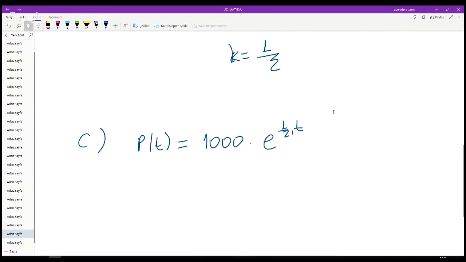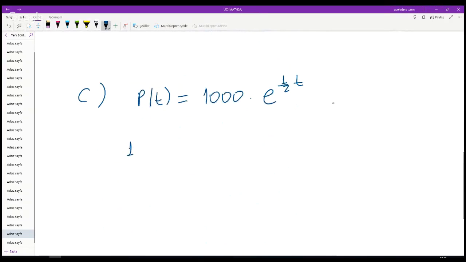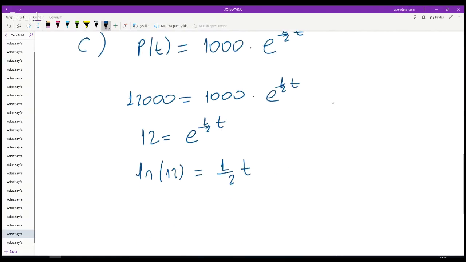So P(t) is 12,000 here. 12,000 equals 1000 times e to the power 1 over 2 t, and 12 equals e to the power 1 over 2 t, and take natural logarithms, ln 12 equals 1 over 2 t, and t equals 2 ln 12. So you don't have calculators, that's why leave the solution like that.